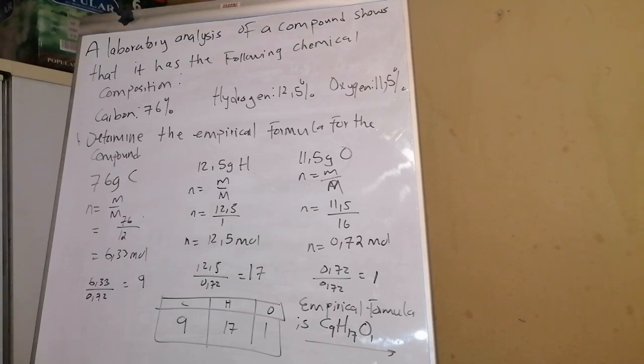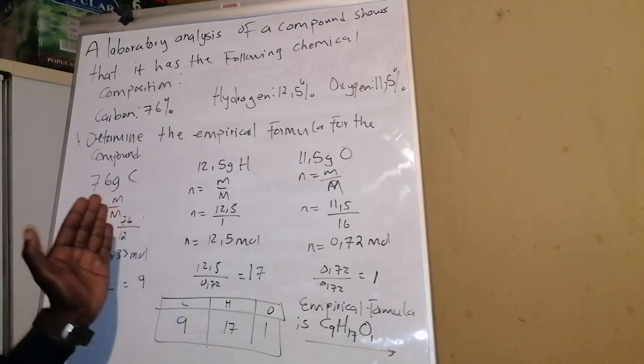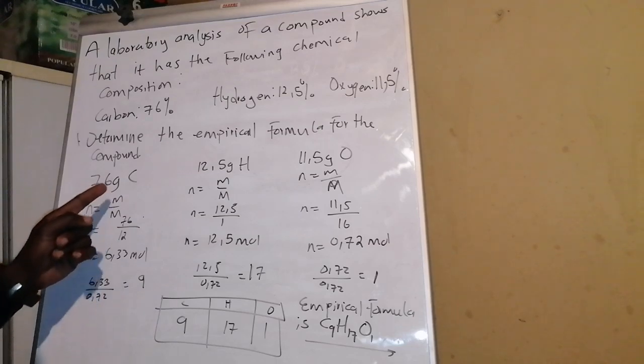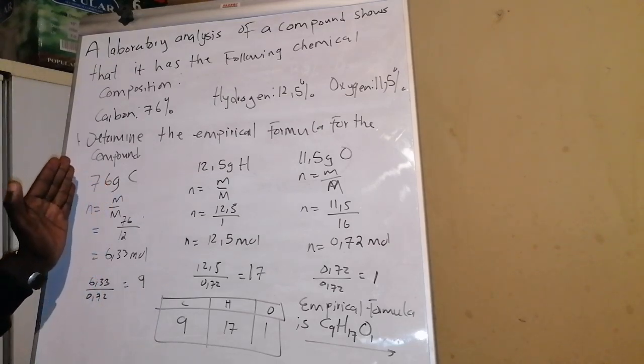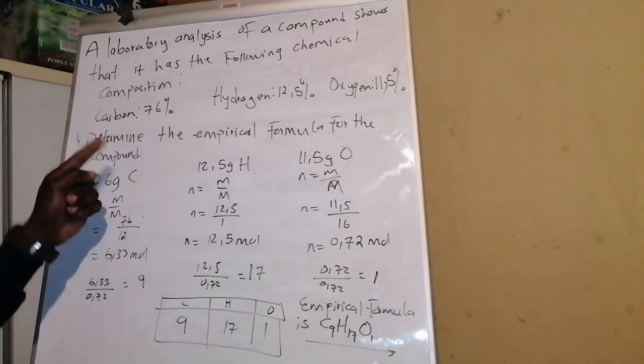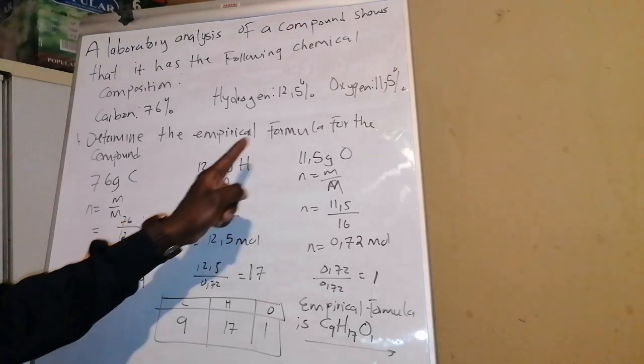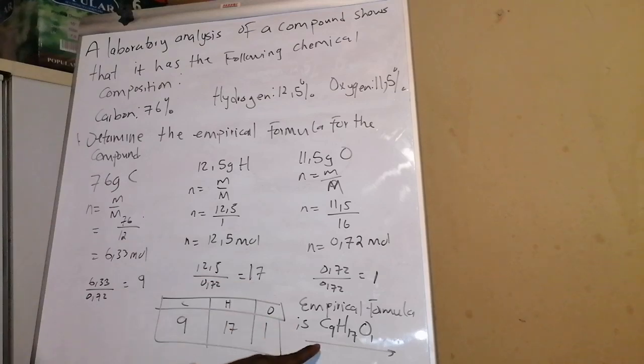I don't know if now you remember or you see the importance of knowing or differentiating between an element and the compound. Now we say that the empirical formula is the simplest relationship in which atoms combine. Actually, we are showing whoever is going to mark your script that we showed how carbon, hydrogen and oxygen are contributing to form the compound known as C9H17O1, which is the empirical formula.